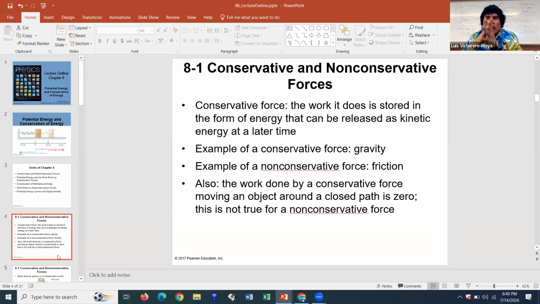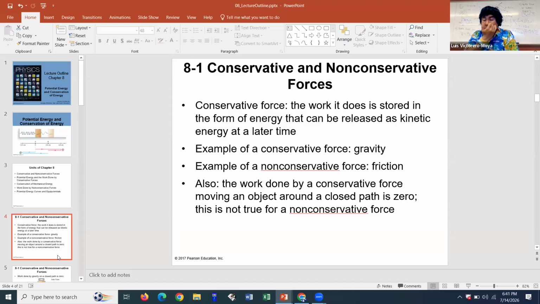The other way you can think about it is friction reduces the amount of energy in any body, in any object, while gravity actually keeps it. The best example is going to be when I show you the mass dropping from a certain height. If you have a mass at some height, there is some potential energy, mgh.